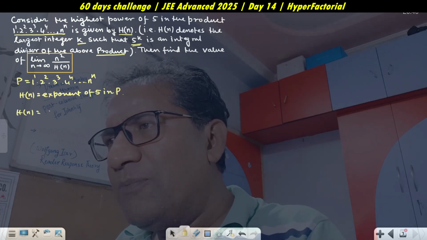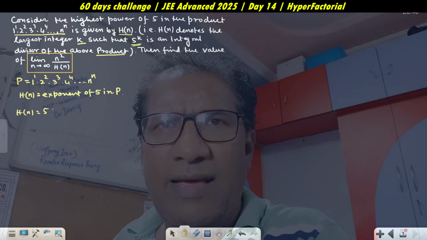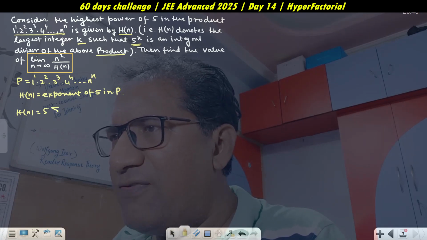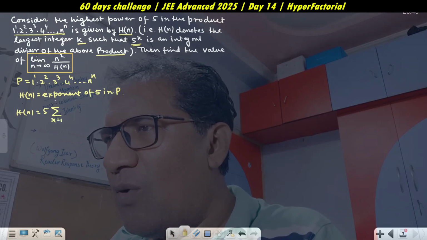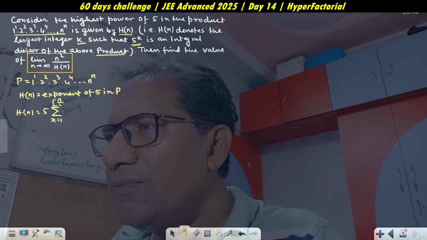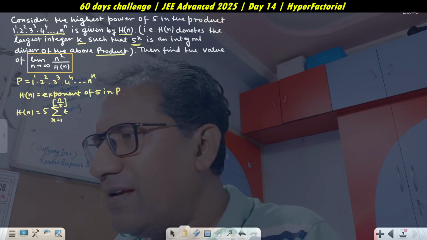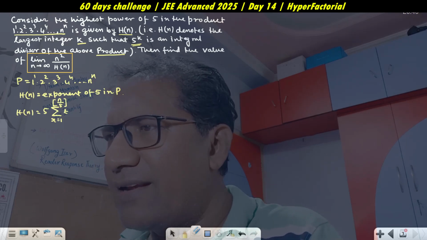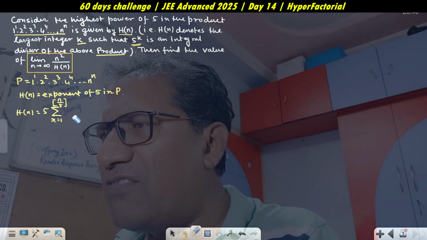It will be, the exponent of 5, which is actually your Hn, this will be what? It is 5, because I have to find out the exponent of 5. So 5 sigma r starts from 1 n over 5 floor. I should not write r here. I can give r also, no problem. If you want to give r, give r.